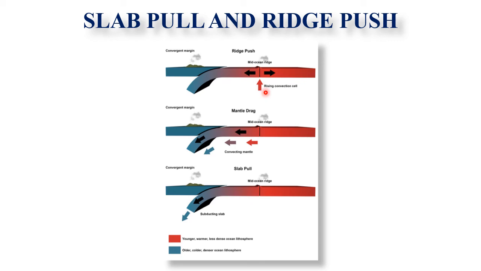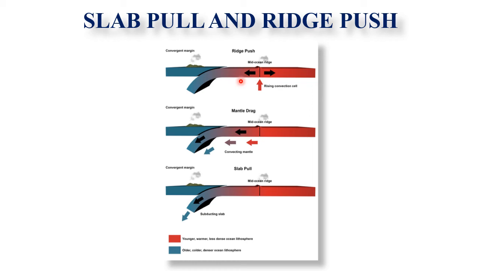Ridge push occurs along the mid-oceanic ridges. This gravity-driven mechanism results from the elevated position of the oceanic ridge, which causes slabs of lithosphere to slide down the flanks of the ridge. Ridge push appears to contribute far less to plate motion than slab pull.